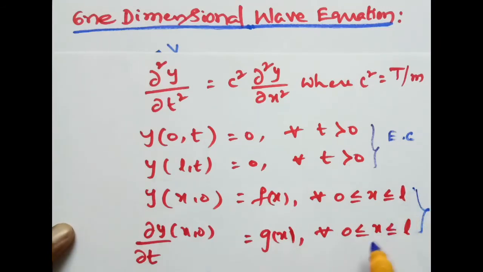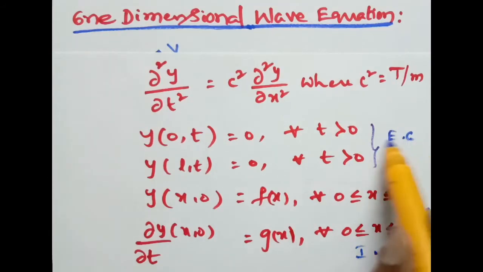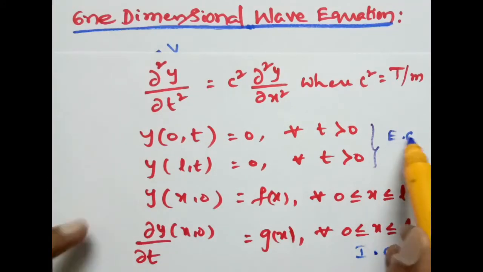These two conditions are called initial conditions. These two are called end conditions or boundary conditions. There is no other name for these initial conditions.